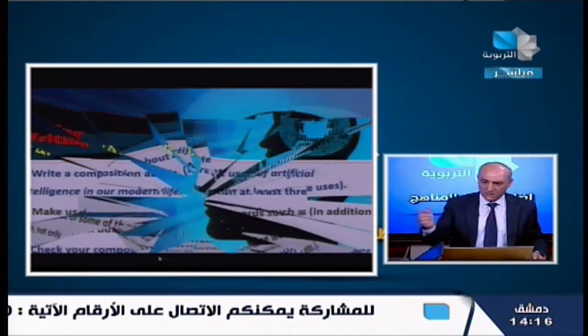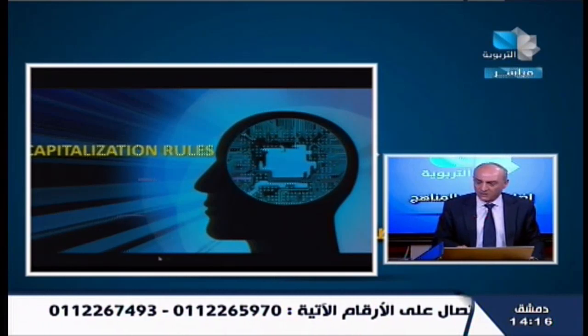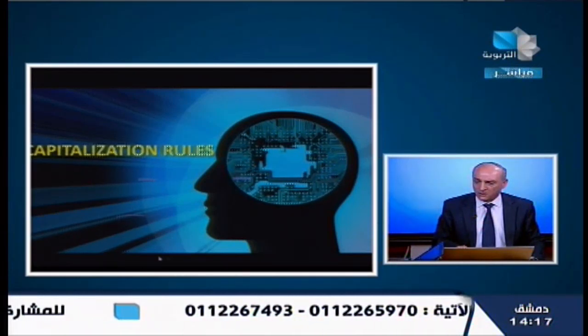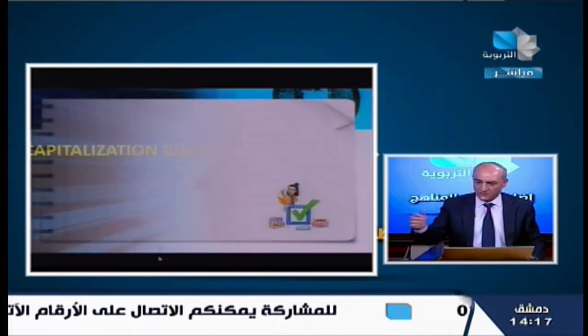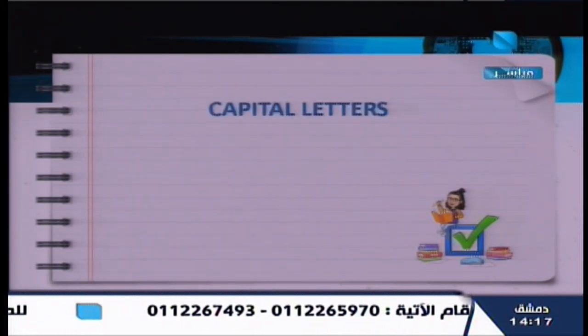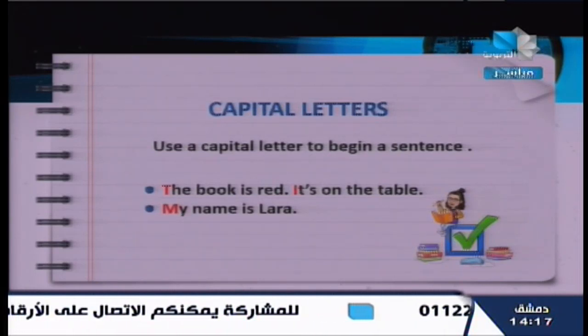These are some pieces of advice for all the students when they want to write compositions. So here, Miss Summer, please, we have some capitalization rules. Let's try to convey some messages for the students. Use a capital letter to begin a sentence. The book is red. It's on the table. My name is Lara.